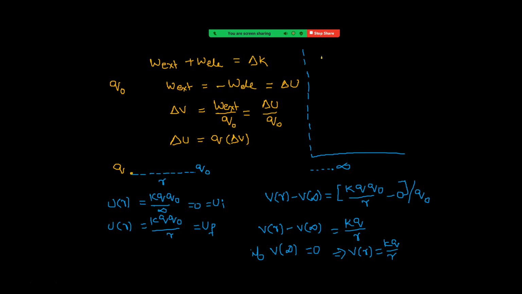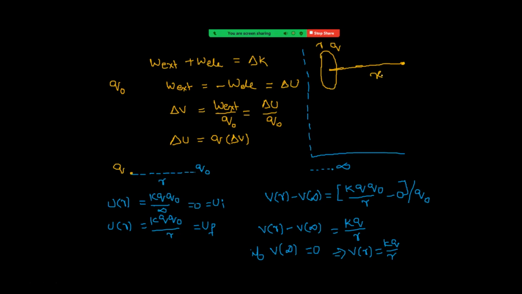So this is a ring which is uniformly charged. Its charge is q. Its radius, take it as small r. Okay. Now we want to calculate, because of this, on its axis at a distance x, what is the potential? Okay.